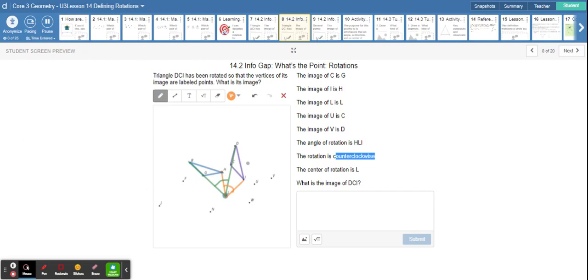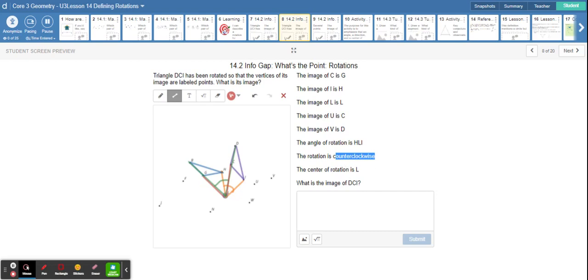If it's a rotation, then they have to be. The angle from D to B has to be the same angle of rotation as from I to H. If I draw in the third one in red, from C to G, it's the same as the green one. It's also going to be the same angle of rotation. So all of the points move the same angle.